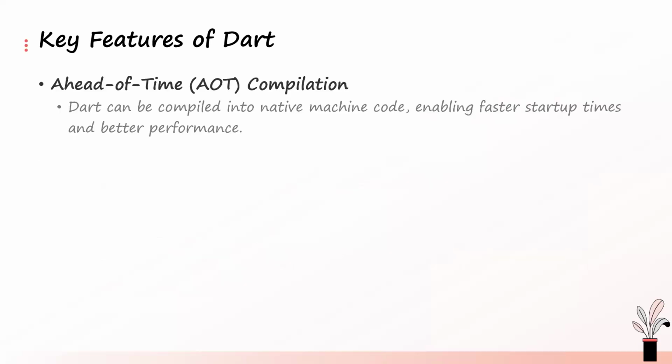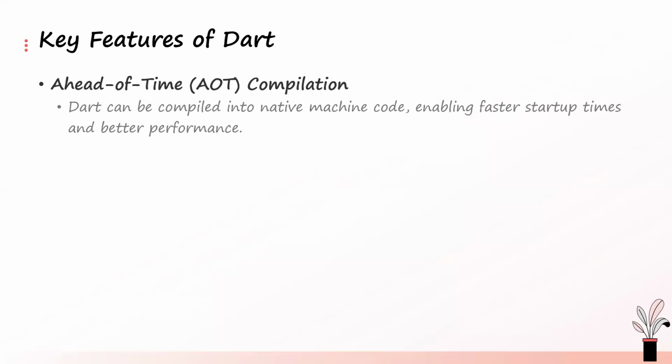There is something we call ahead of time compilation. It can be compiled into native machine code, enabling faster startup times and better performance. If you have taken our JavaScript class on this platform, the Global Journey, I think in the first few sessions of the first chapter, we discussed what we mean by compiling, compilation, and interpretation.